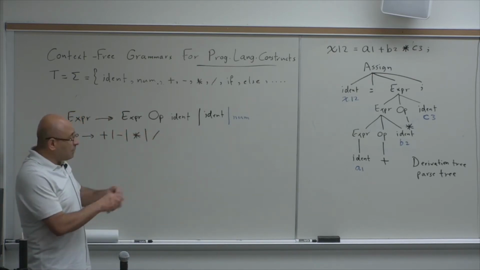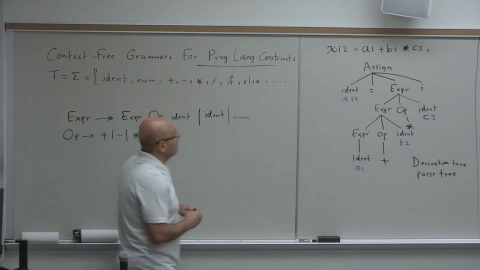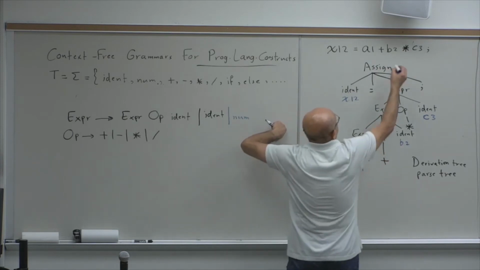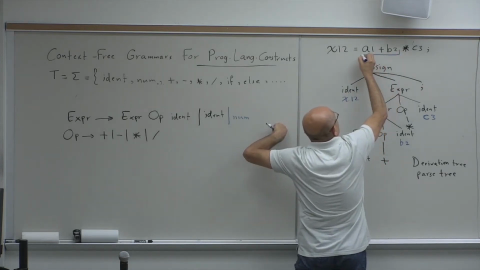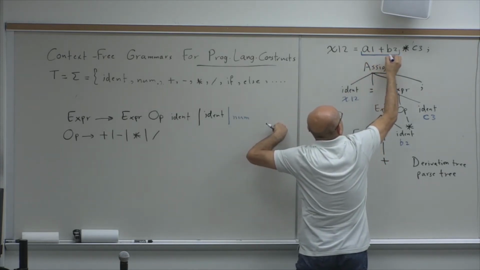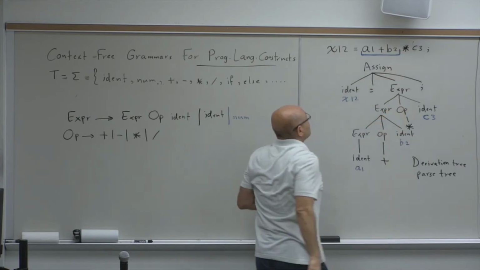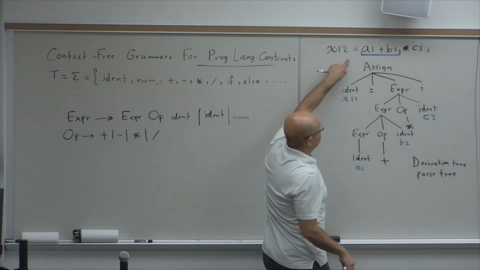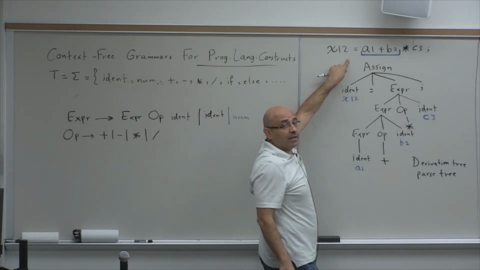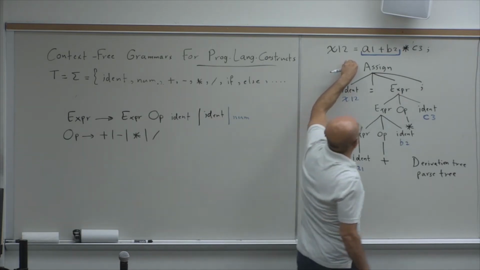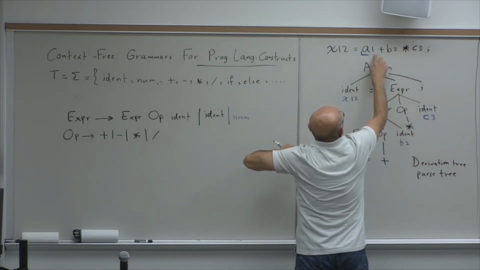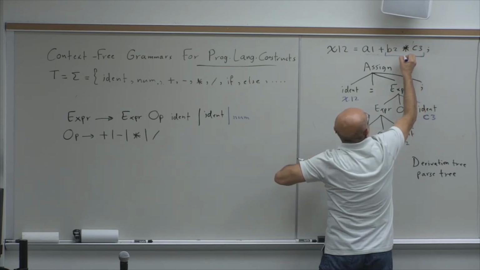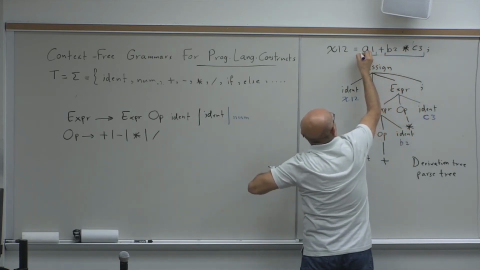Okay. So now the idea in math, in order to parse this correctly. So in math, what do we call this? So this mathematical algebraic expression consists of two what? Two things.